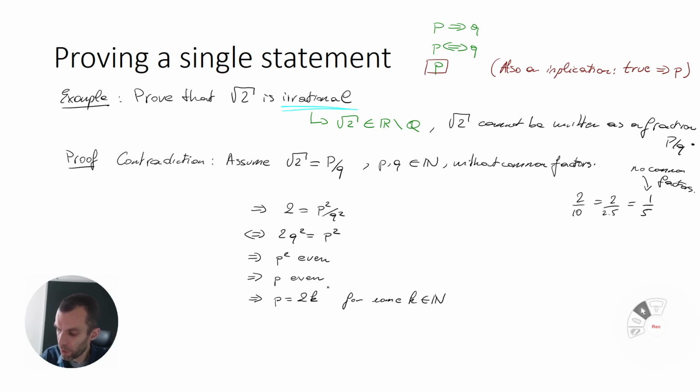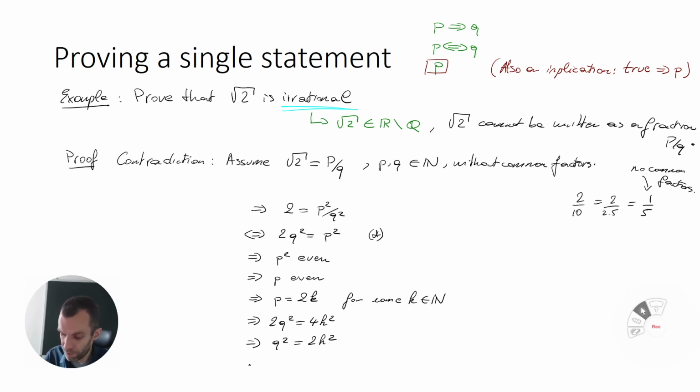And now if we go back to the statement that we had earlier on, or rather this form, then we can substitute p is 2k in there, and we get 2 times q squared is equal to 4 times k squared, and in other words q squared is equal to 2 times k squared.